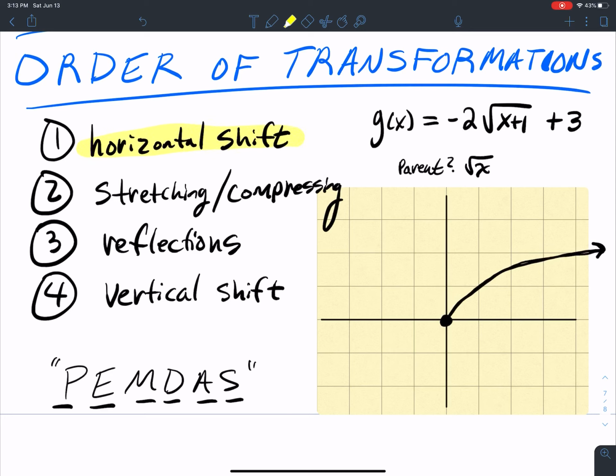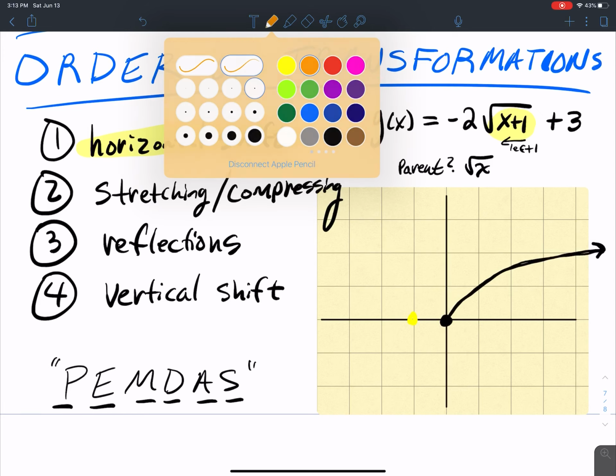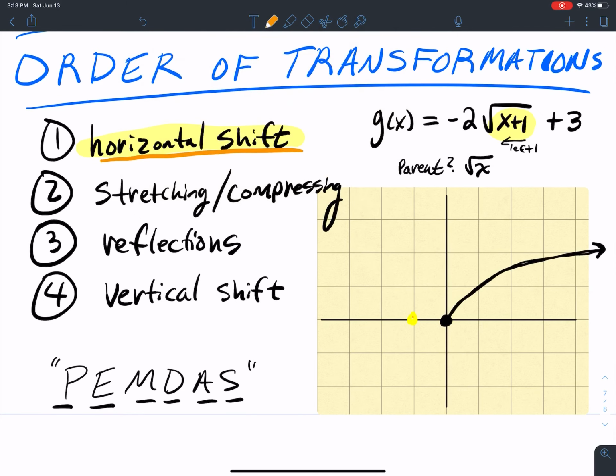Inside here, this tells me I go to the left 1. Let me do orange. So I'm going to take my graph and shift it to the left 1.